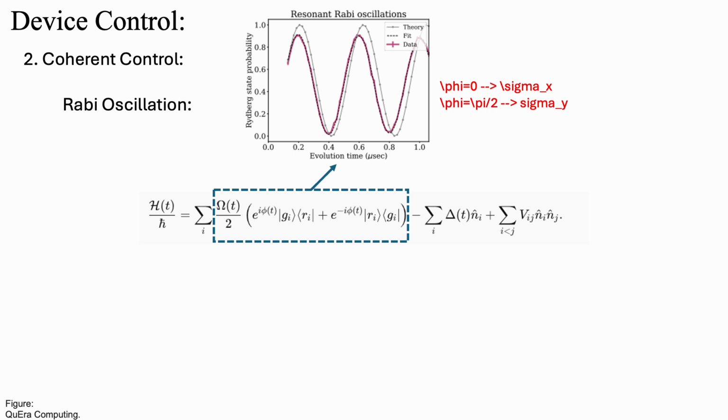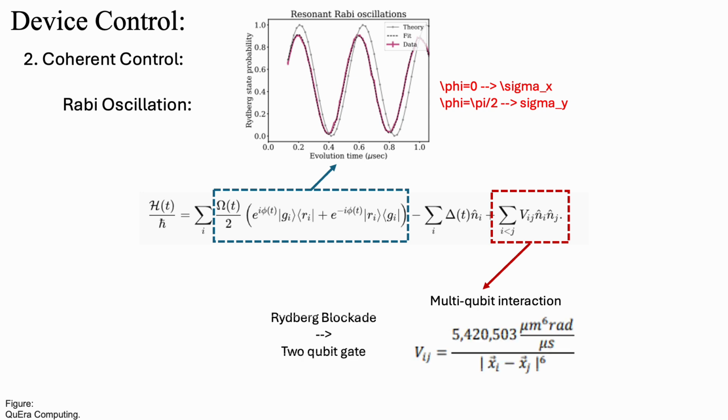On the right-hand side is the van der Waals interaction, or multi-qubit interaction. It is governed by the constant V_ij. This constant V_ij is determined by the positions of the atoms. Here is the expression of V_ij. Notice that if two atoms, for example atom i and atom j, are very close, V_ij is very large, so this can be a huge energy term.